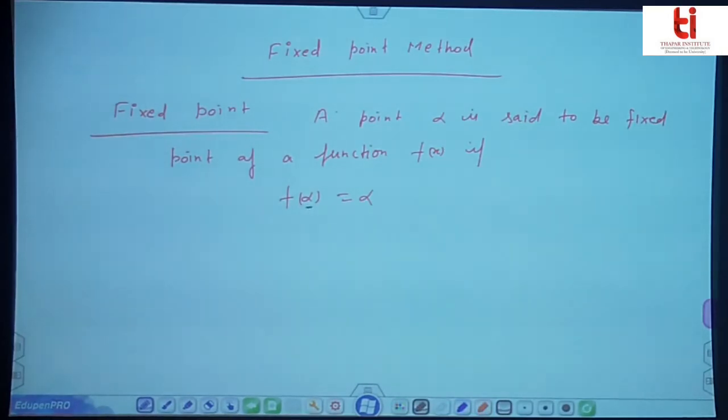That means the input and output are the same. Then we'll say alpha is the fixed point of the function f(x).